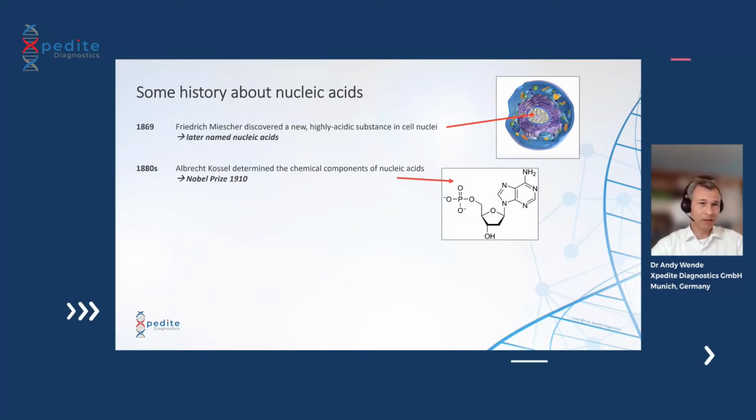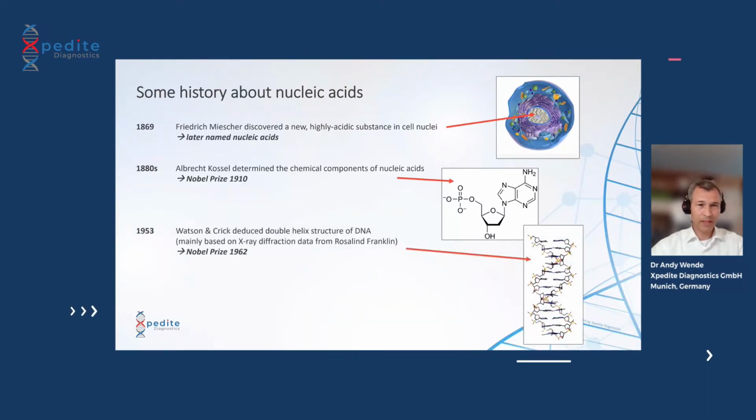The next big advancement was in the 1880s, when Albrecht Kossel, a German scientist, determined the exact chemical composition of nucleic acids: the phosphate moiety, the sugar moiety, and the nucleobases. He was awarded a Nobel Prize in 1910 for this discovery.